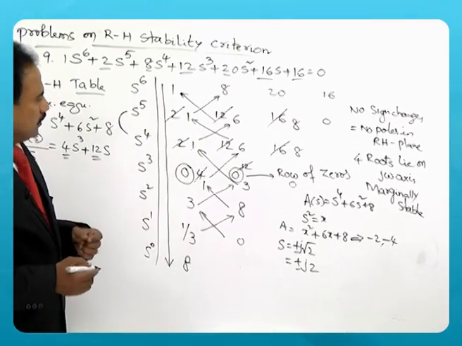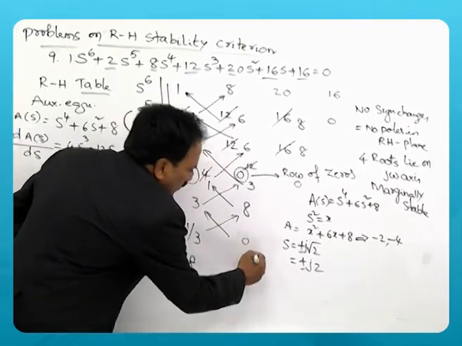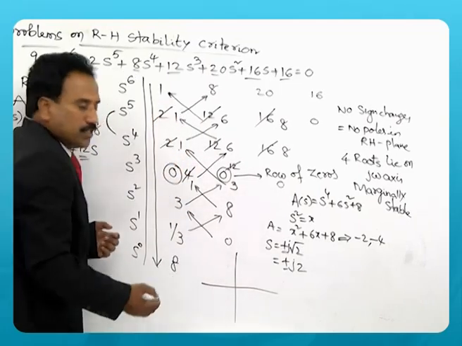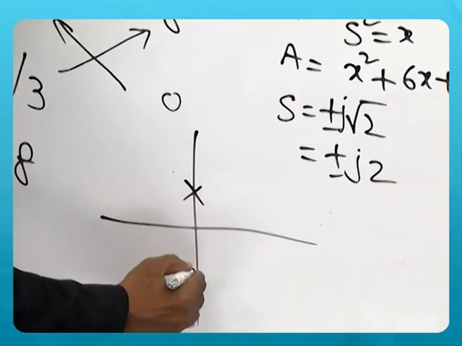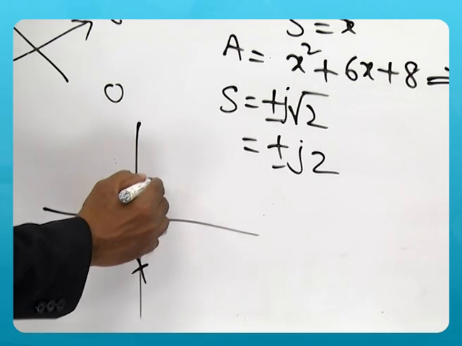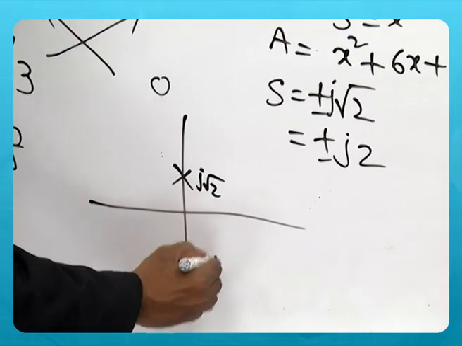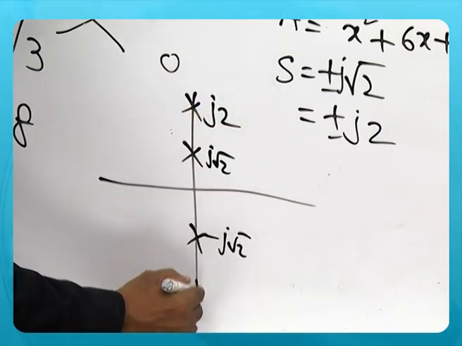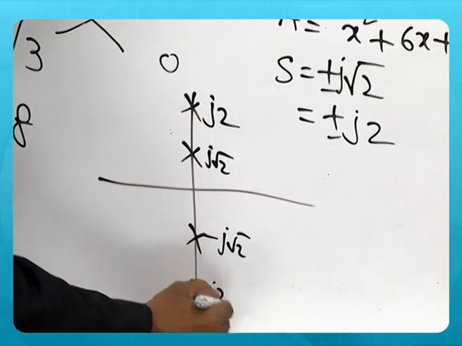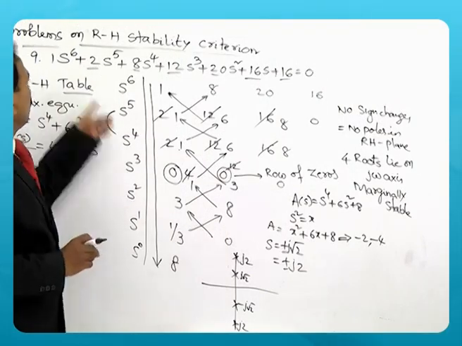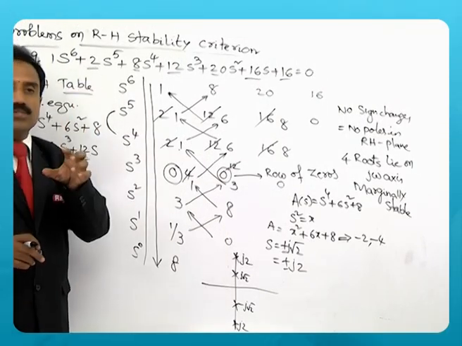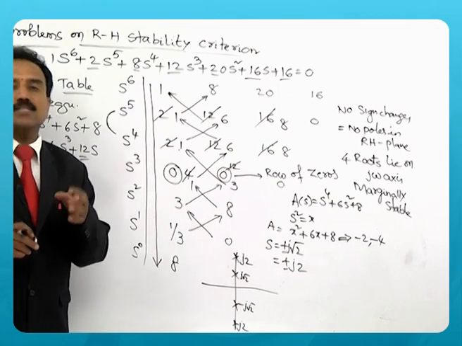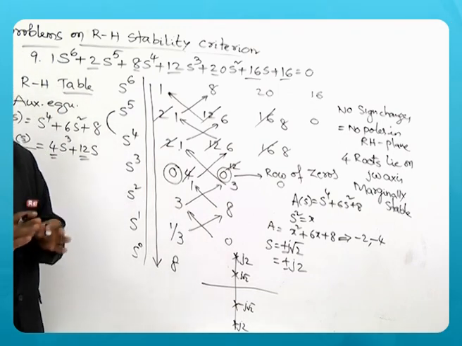So what does it mean? In the S plane, the complex plane, one pair has j root 2 and minus j root 2, and the other 2 roots are j2 and minus j2. So out of 6, 4 roots are lying on the j omega axis. So the system is marginally stable.